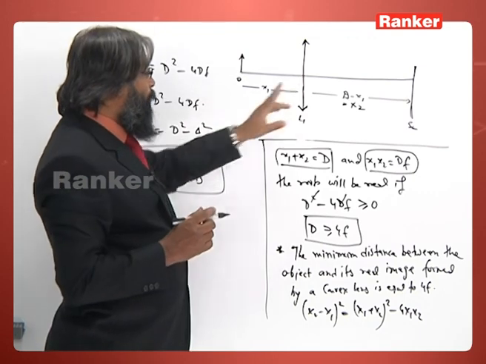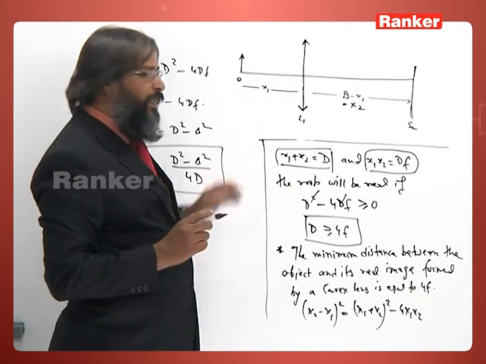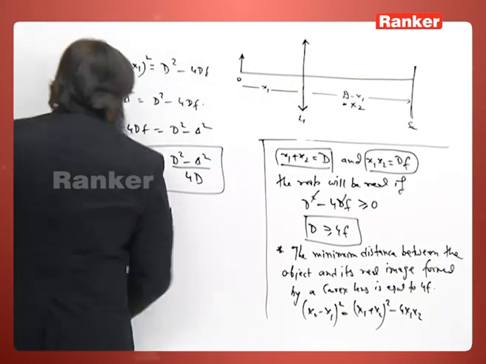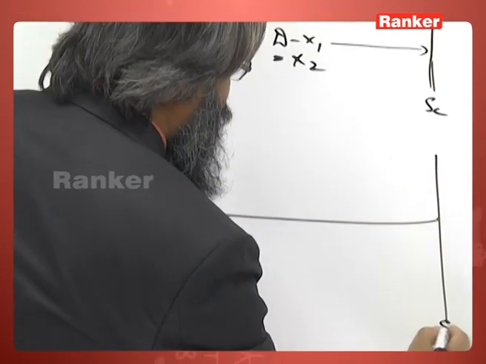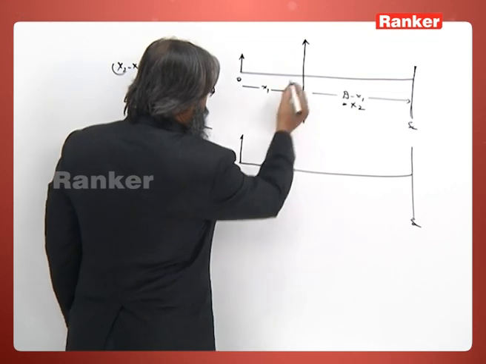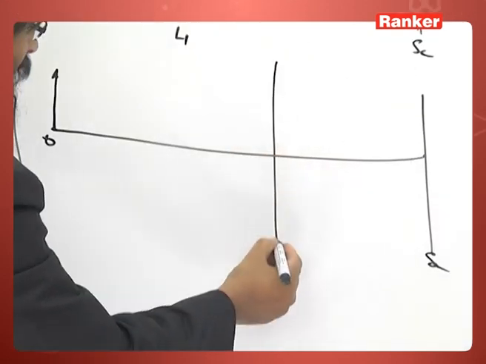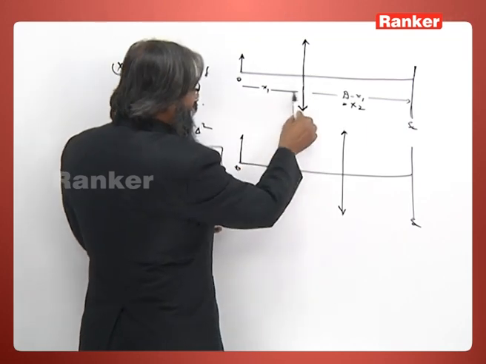There is one more position of the lens, that is x2 from here, at which image formation will take place. Let us see it. Now, this is the screen and the object. This is the first position. There is another position of the lens.